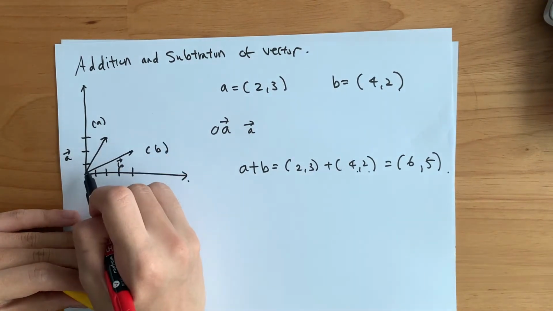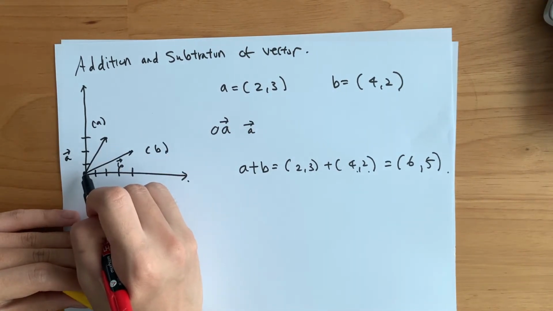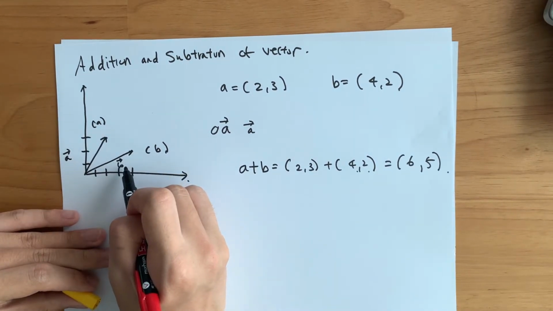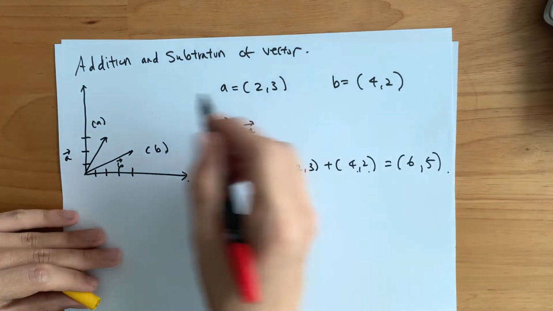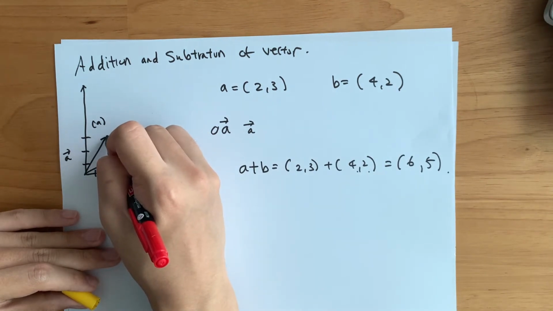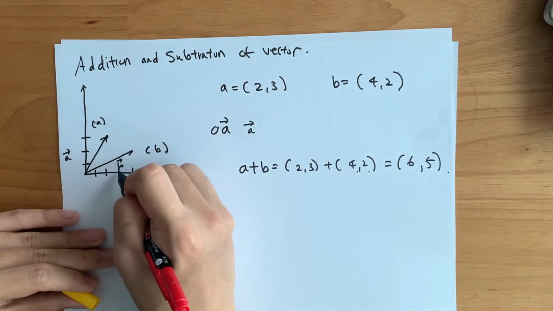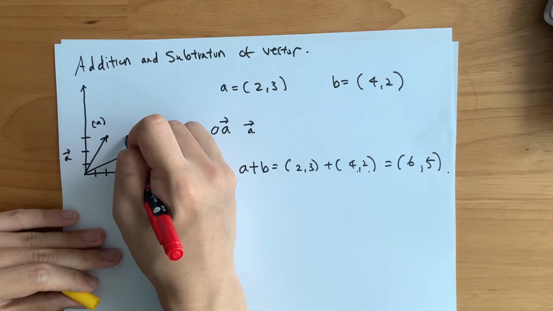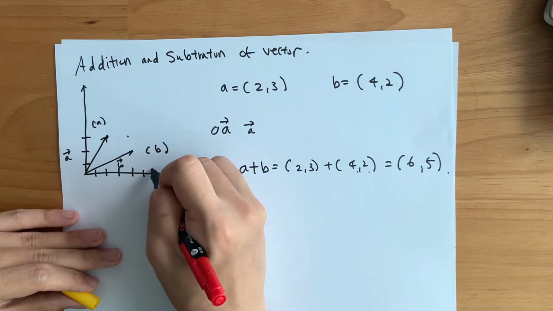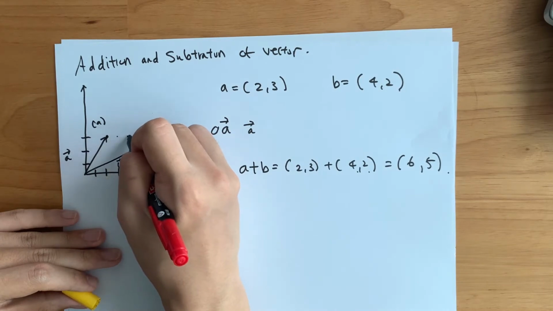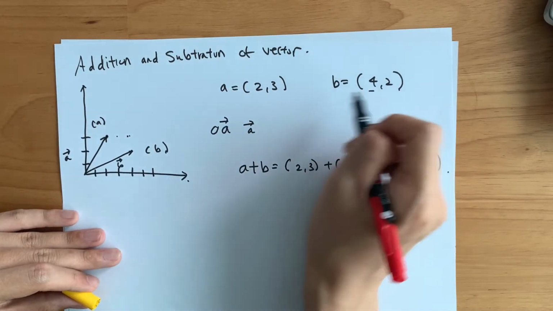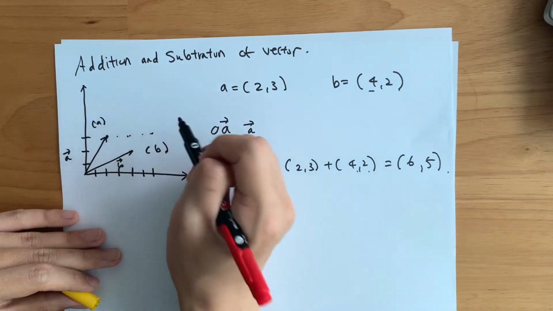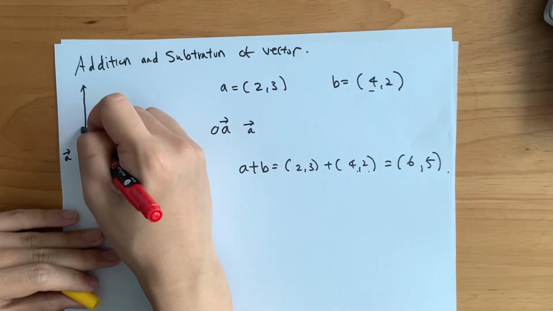So how this works is, let's say you have A and you want to add (4, 2). Let's think of the end of A as an origin, then 1, 2, 3, 4, because x has a 4, and then 1, 2.